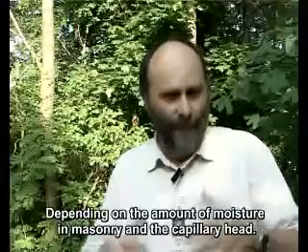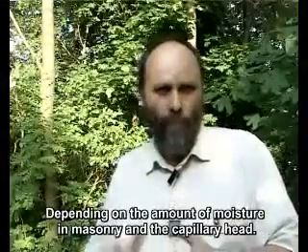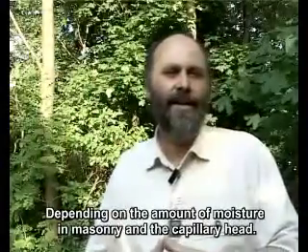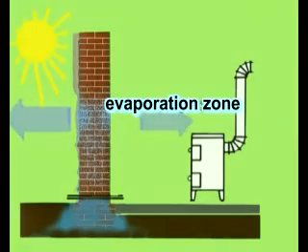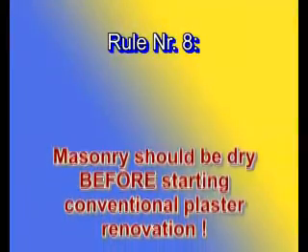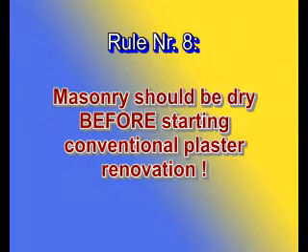This usually takes about 3 to 6 years, depending upon the amount of moisture in masonry and the capillary head. Masonry moisture needs to evaporate completely through both sides of the wall. Rule number 8. Masonry should be dry before starting conventional plaster renovation.